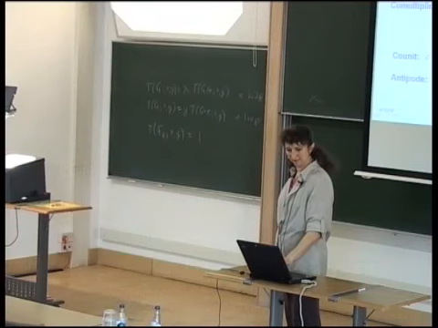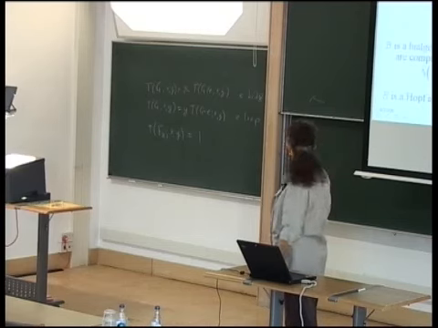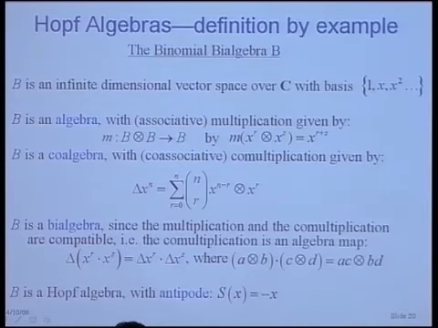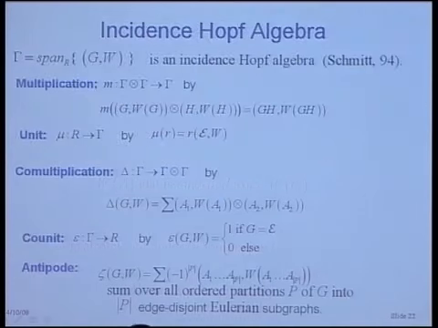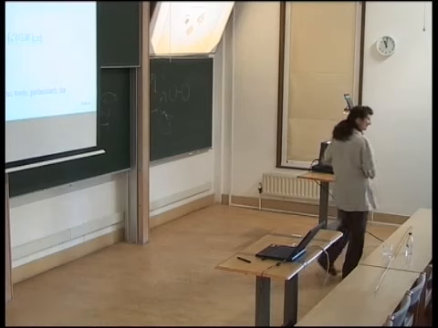The antipode is kind of the evaluation of the polynomial at minus x instead of x, or not? You were right on the money. Yeah, it's got that correlation. Beautiful.